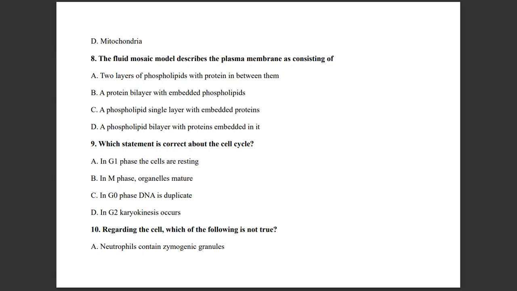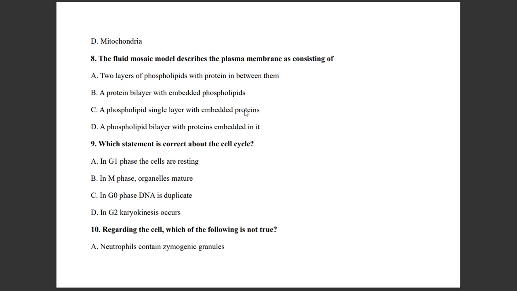The fluid mosaic model describes the plasma membrane as consisting of. Fluid mosaic is going to tell us that the plasma membrane has got a lipid bilayer that has got proteins in it, and those proteins are actually not stagnant. They are able to move around like that.